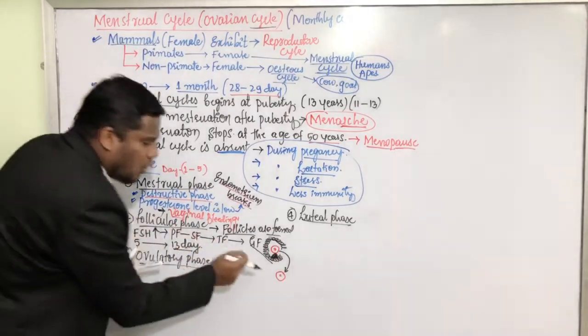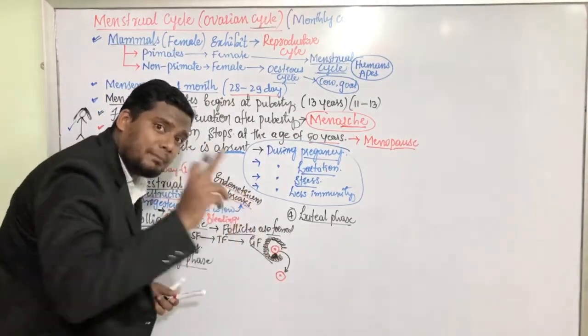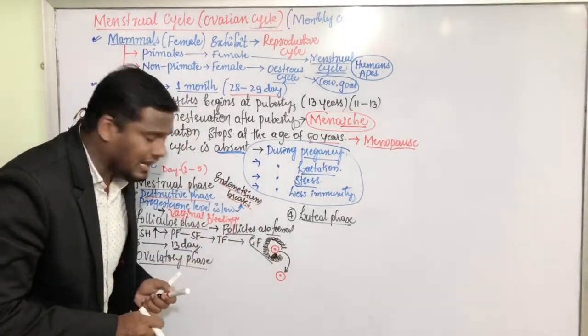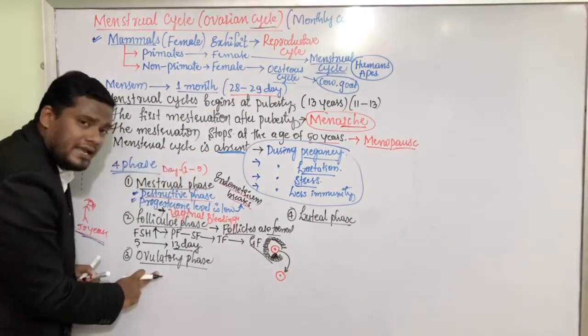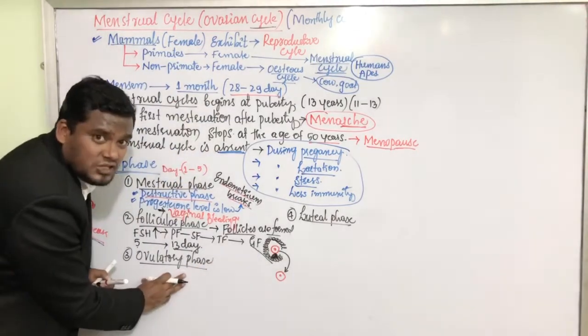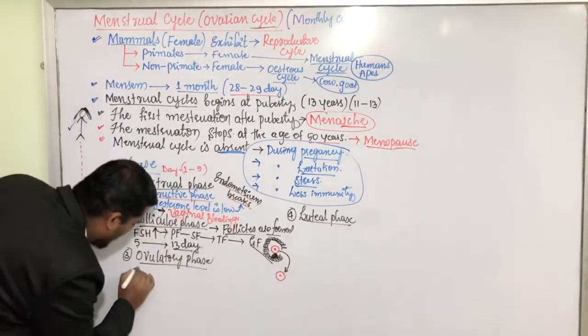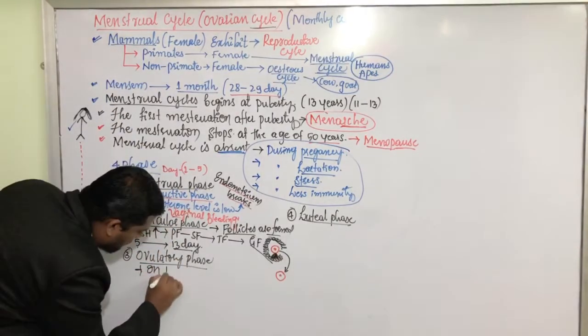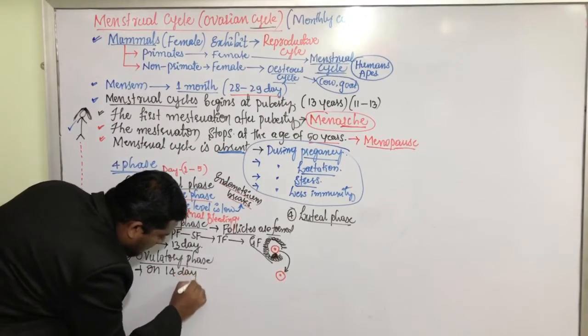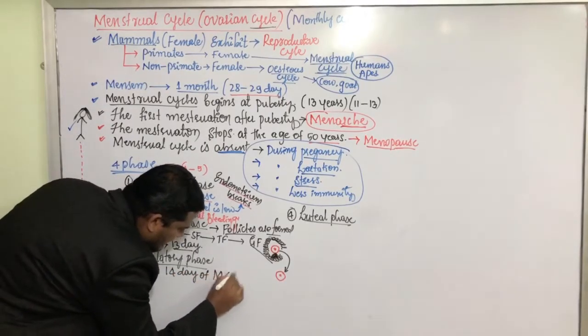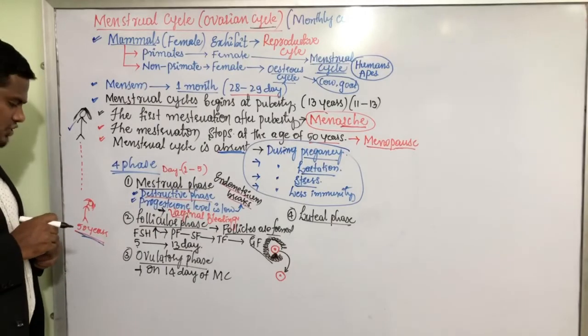When the ovum comes out by rupturing the Graafian follicle on the 14th day, that phase is called the ovulatory phase. The ovulatory phase is on the 14th day of the menstrual cycle.